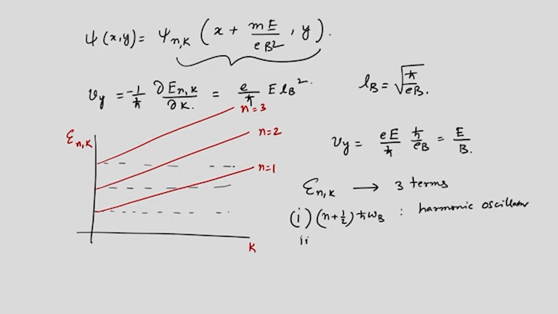Number two is like a potential energy of a wave packet, which is localized at x equal to minus k Lb square minus mE divided by e omega b square. It is the potential energy of a wave packet.